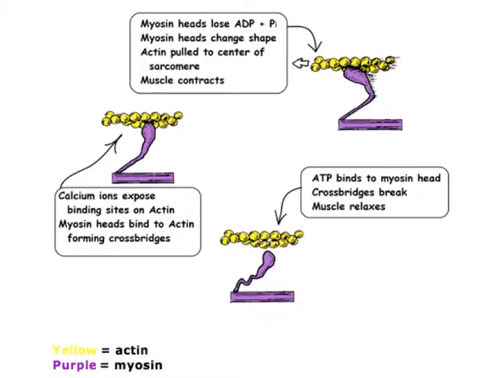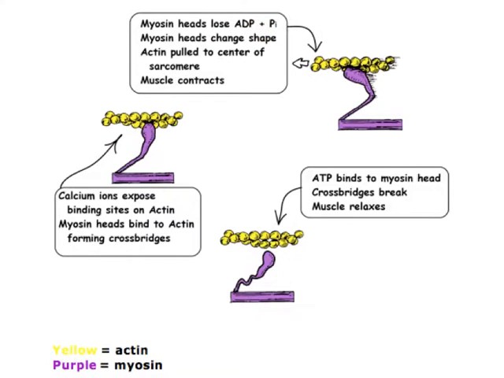And then what happens is the calcium ions expose the binding sites on the actin, and the myosin heads bind to actin, forming what we call cross bridges. So the sarcoplasmic reticulum is going to release the calcium because of the action potential that has been sent, and that's going to cause the binding of the actin and myosin.